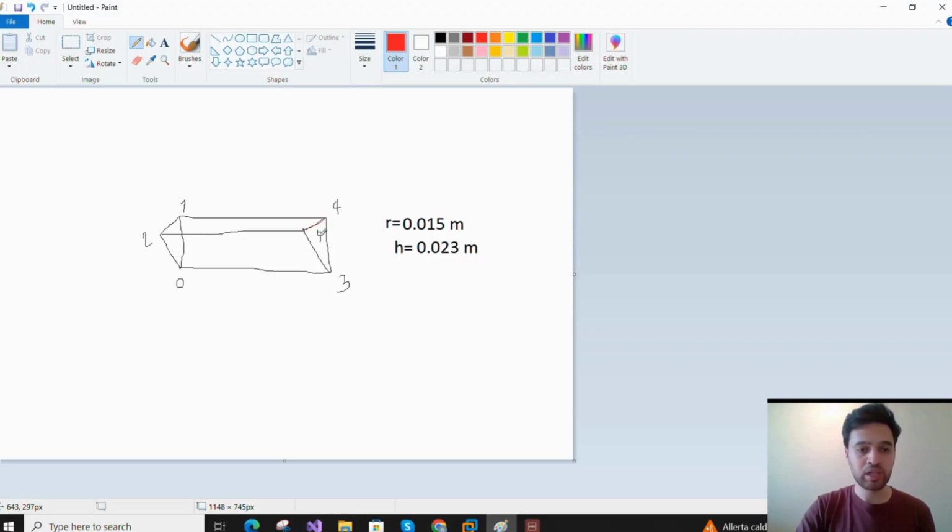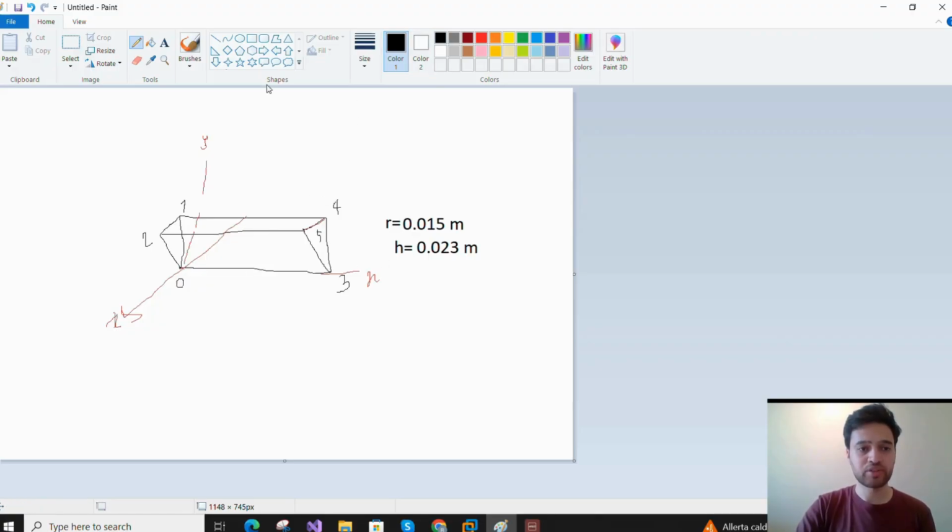So how to calculate this? If we consider this is our x-axis and this is y and this is our z-axis, so these are in the z-axis now.